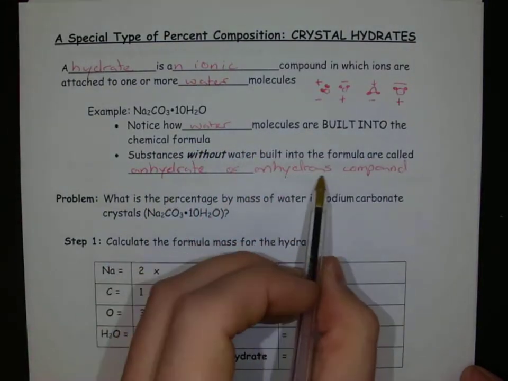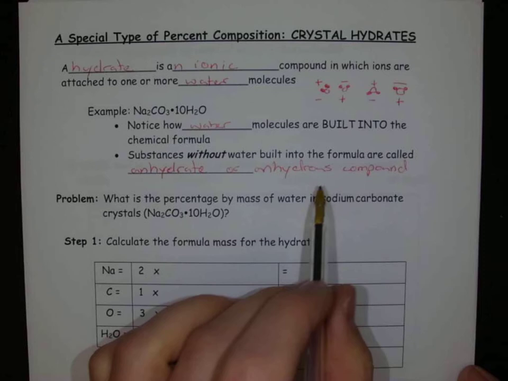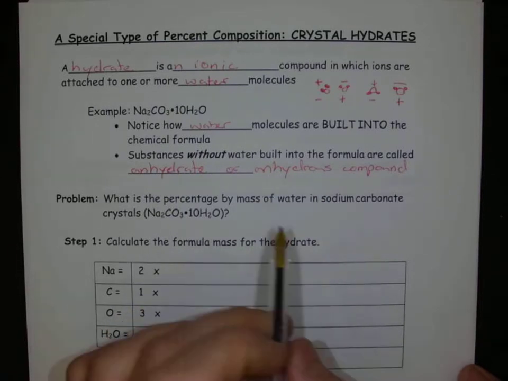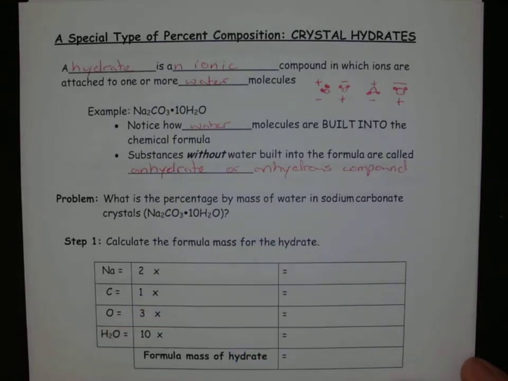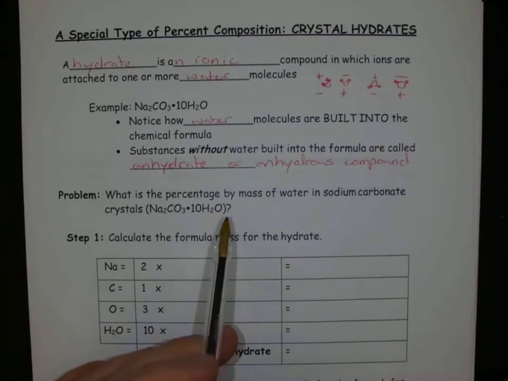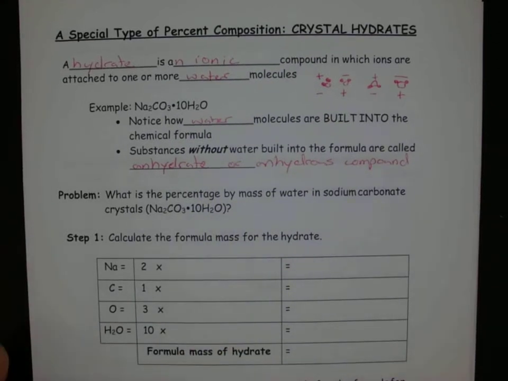Okay, hydro, water, hydrous, but anhydrous, meaning that we've removed the water, okay? So these are a type of compound that we're gonna talk just a little bit about, but what we can say is we can do some problems like this, okay?